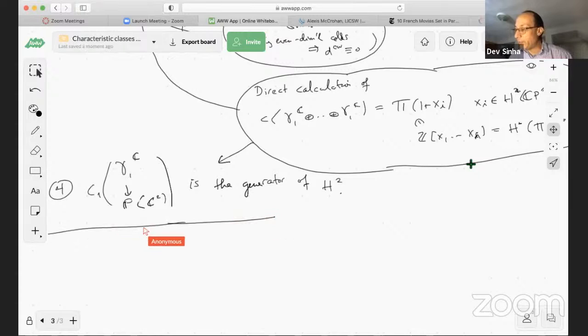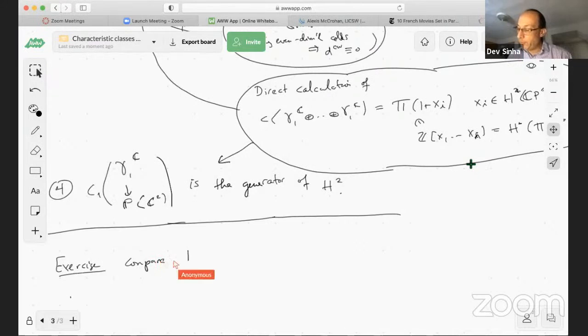Let me say another thing, and I'll give this also as an exercise. Compare the definition of Cn minus i with the Milnor and Stasheff definition.